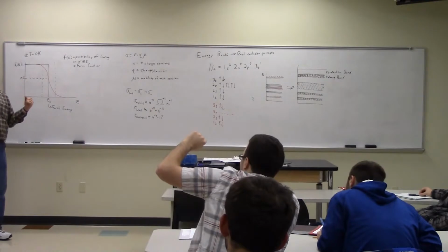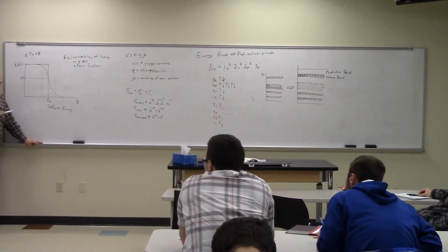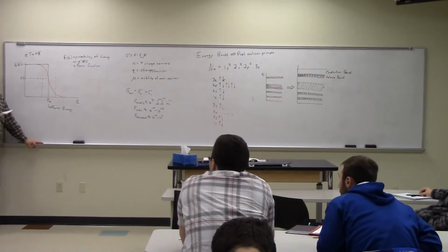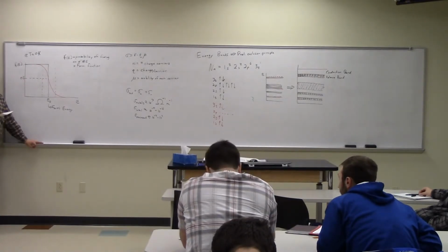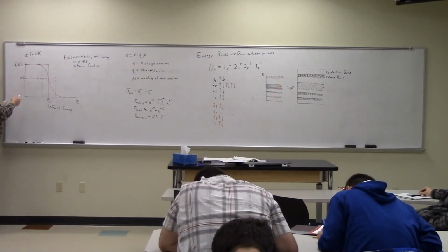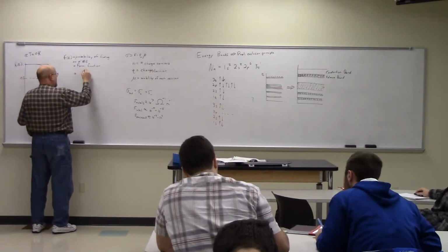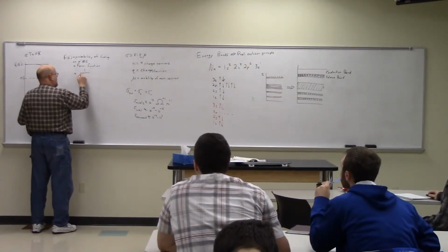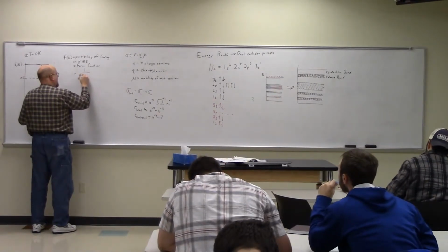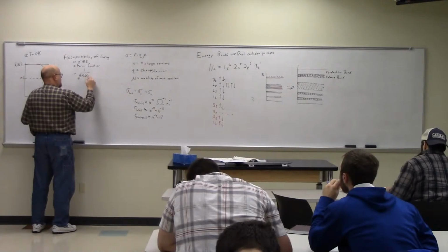Okay, we'll keep digging with it. Is that actually going to 0 or is that asymptotically going to 0? Yeah, it's asymptotic. So this Fermi function is 1 over e to the (E minus EF) over kT, plus 1.